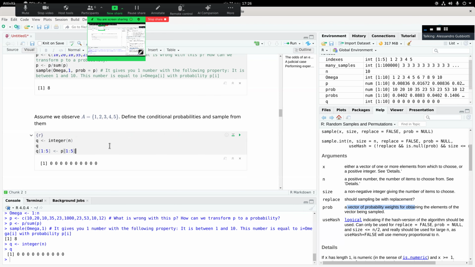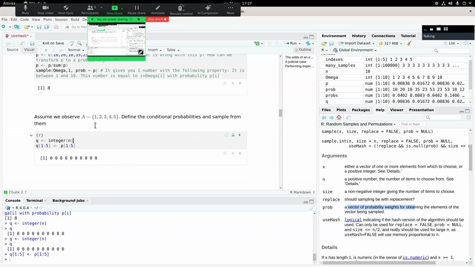Now we put this assignment here, and we see how Q changes, and it obtains the values of P in the first 5 components, and the other ones are 0.